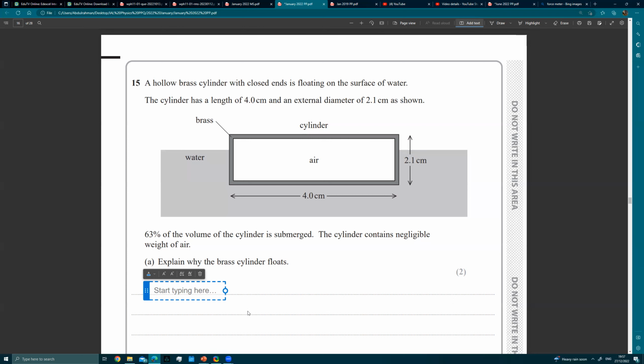So for 1 mark, I could say that the upthrust is equal to the amount of water displaced by the cylinder.